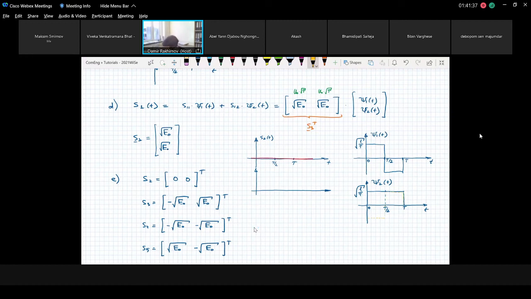And if you look at this second basis function, after we calculate the difference between the second basis function and the first basis function, you will get a pulse in the second part that goes from T over 2 to T, and the amplitude will be 2 times u0.